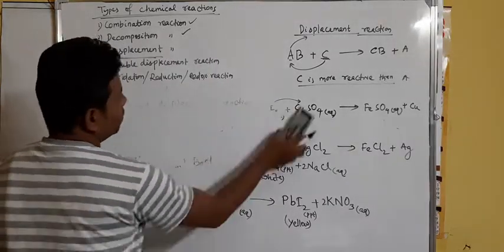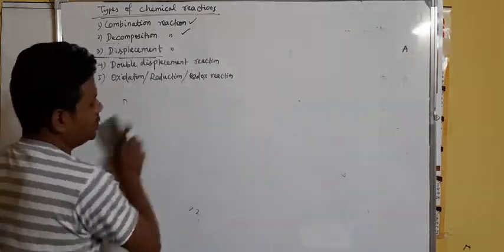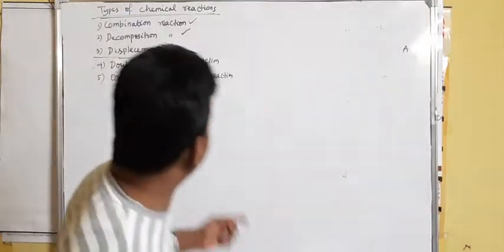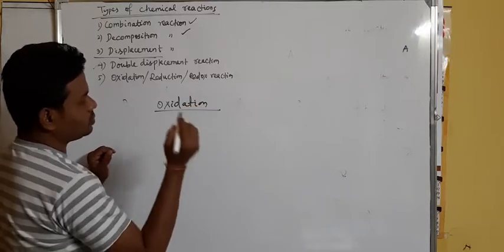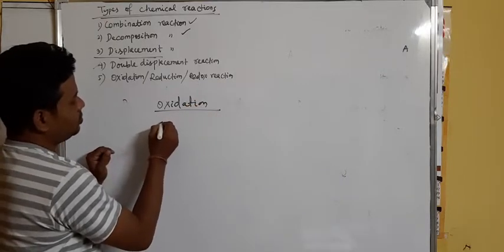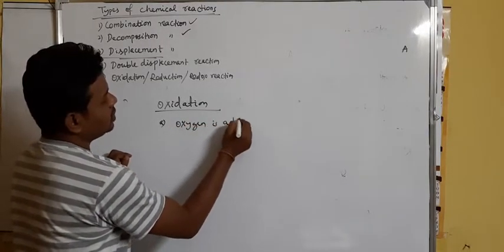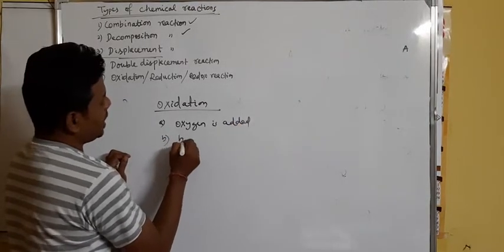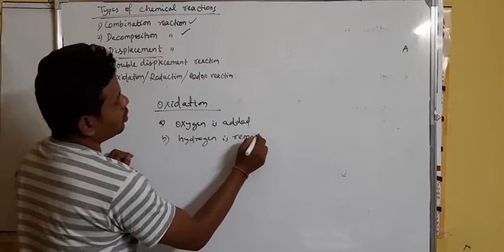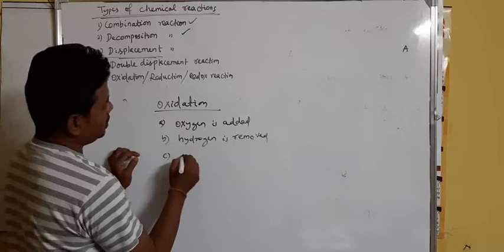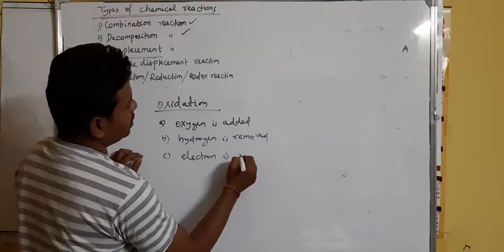Then the last one is called oxidation, reduction and redox reaction. So we will go one by one. The first one is oxidation. In an oxidation reaction, either oxygen is added or hydrogen is removed or an electron is removed.